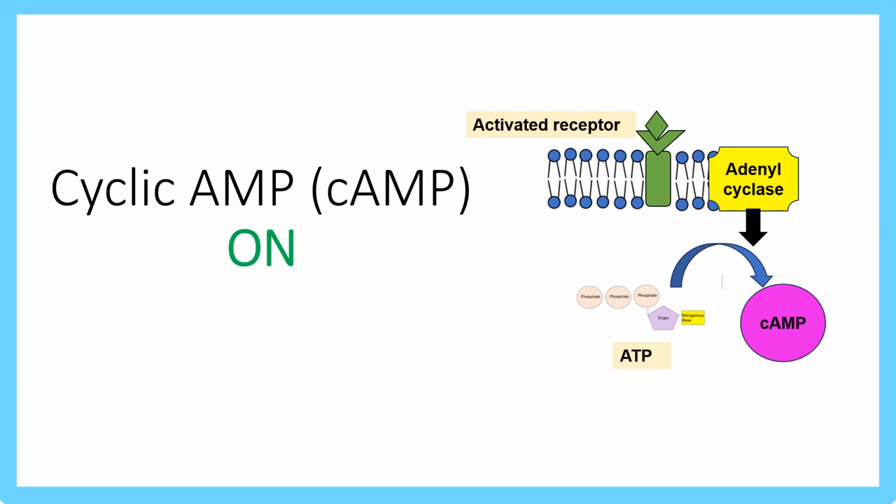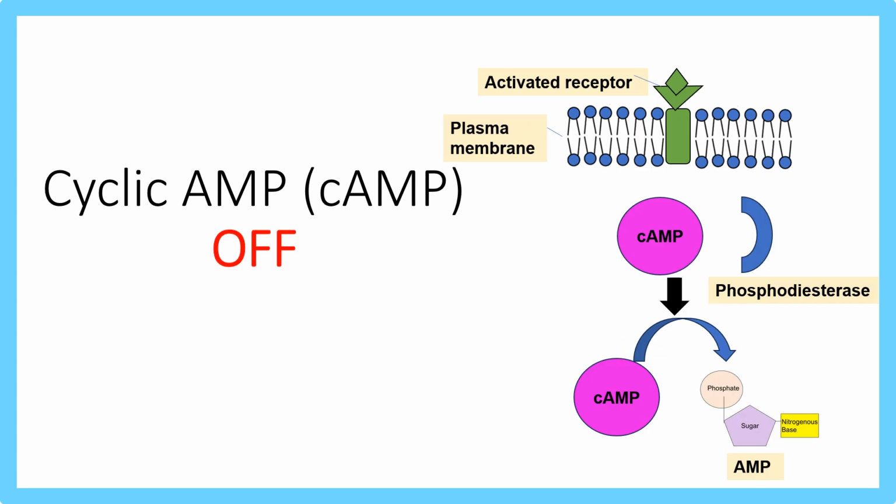So ATP forms cAMP via adenyl cyclase. Now to turn cyclic AMP off, you would need phosphodiesterase. So the phosphodiesterase binds with the cAMP, deactivates it, and converts it back into AMP.